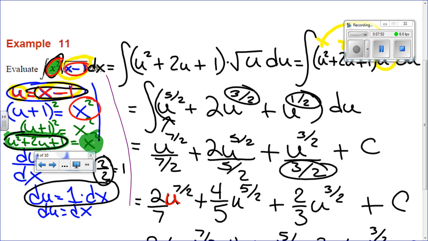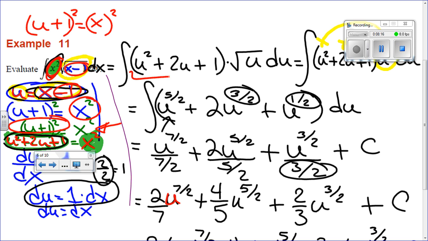And so we achieved that by taking this -1 to the left side, so we had u plus 1 is equal to x. And then what we did was to square both sides. So that's how we got the row here, and then we expanded this one, and we got u squared plus 2u plus 1. And why did we do all that? Just so that we could replace this x squared here with everything that was in this trinomial.